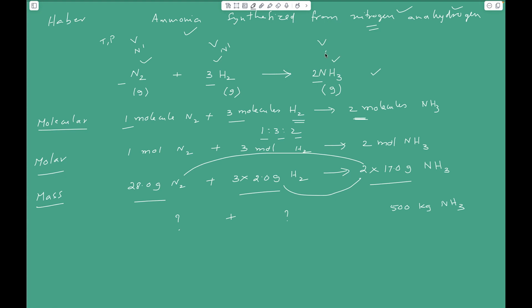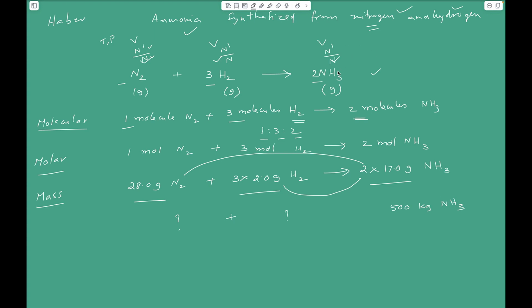Now, if you have equal number of molecules, then you must have equal number of moles, right? To get the number of moles, you have to divide the number of molecules with Avogadro's number. So if numerator and denominator are same in all the 3 cases, then they must all have the same value.